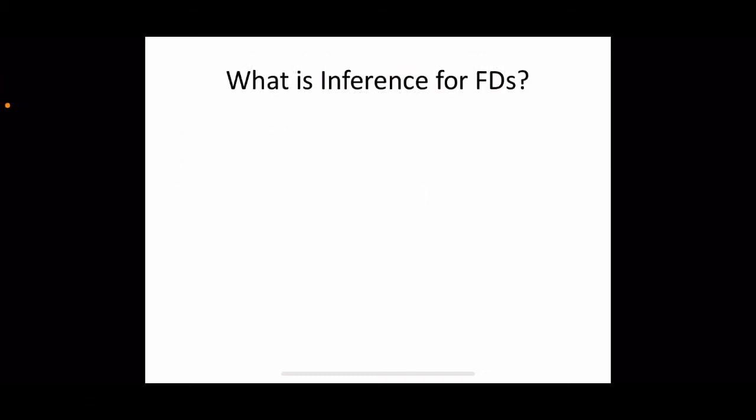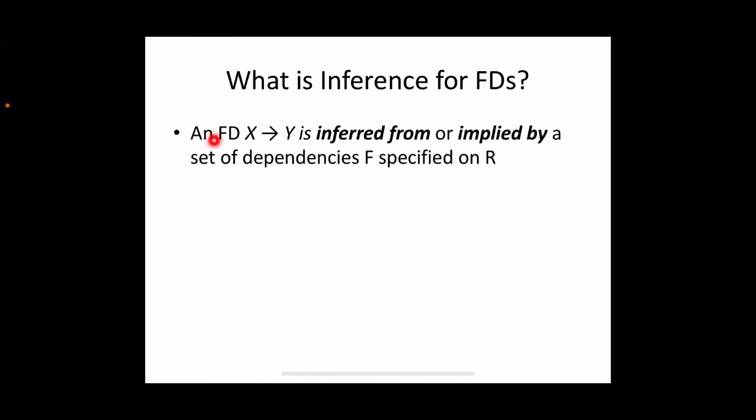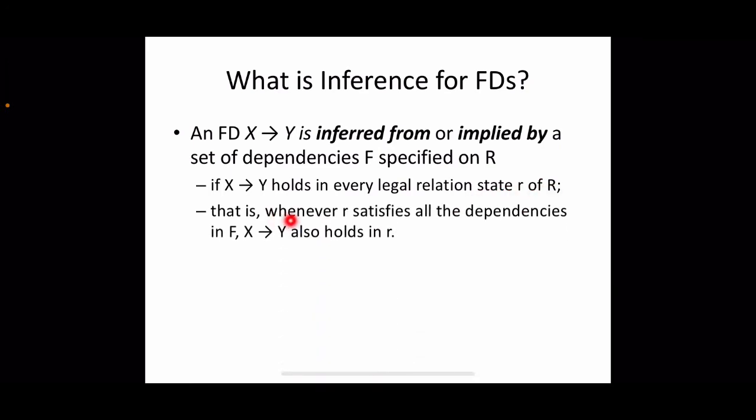Let us start with the formal definition of inference. A functional dependency X functionally determines Y is inferred from, or implied by, a set of given functional dependencies F specified on R if X functionally determines Y holds in every legal relation state r of R. That is, whenever r satisfies all the dependencies in F, then X functionally determines Y also holds in r.